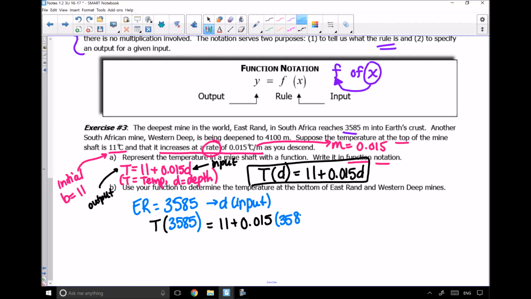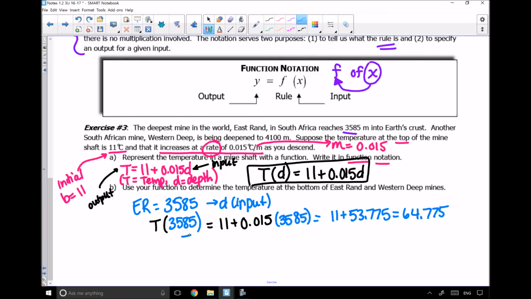of 3,585. So I end up getting 11 plus, and then you multiply the 0.015 by 3,585, and you end up getting 53.775, and then you just add it together, and you end up getting 64.775.